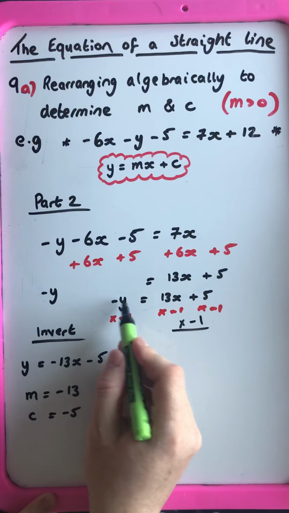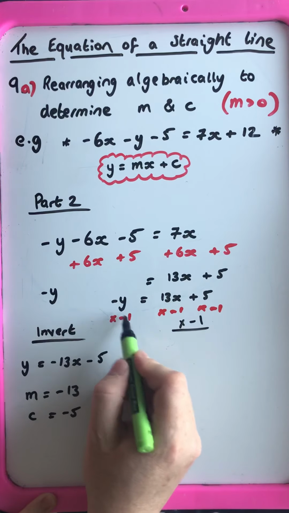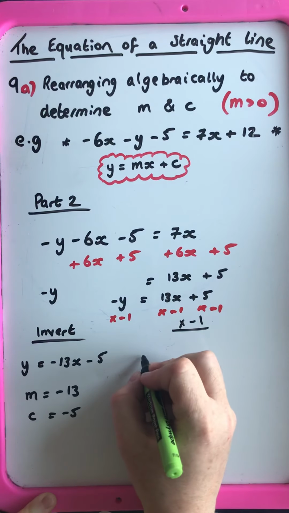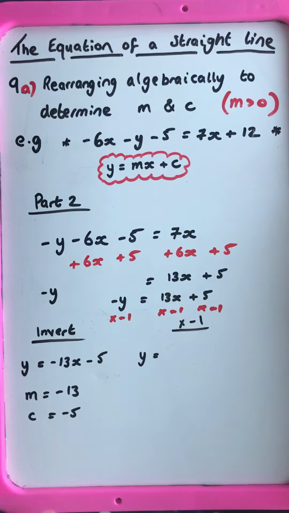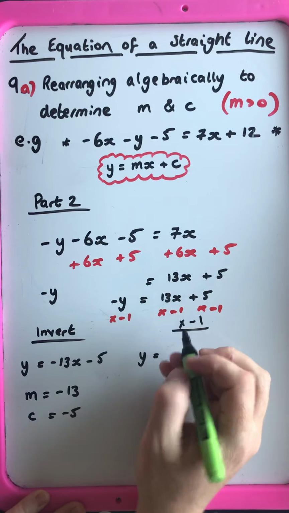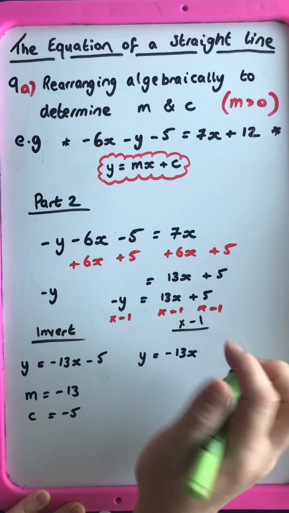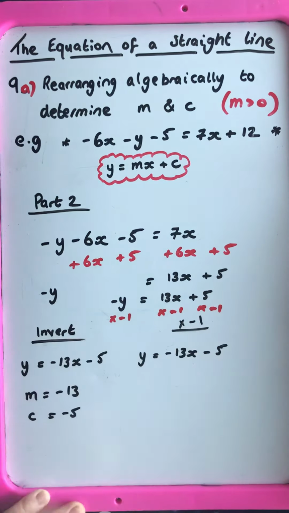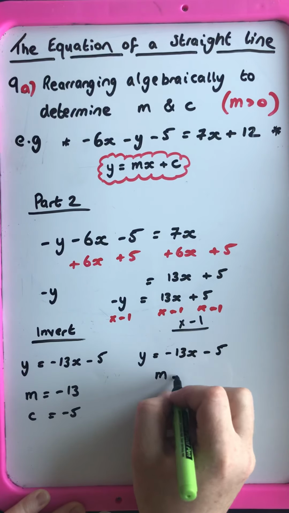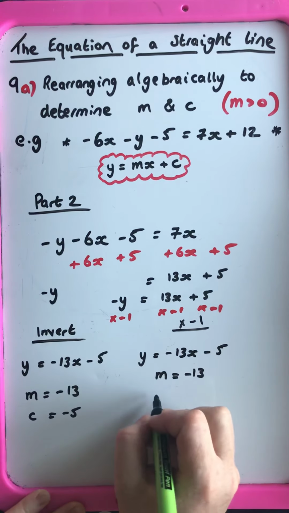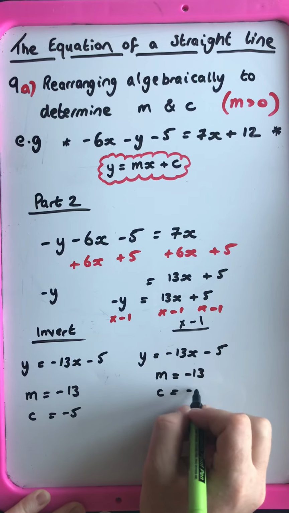And then 2 negatives here, the multiplying, in some cases that becomes positive. In this case it does. 13 times negative 1 is negative 13x. So x there. 5 multiplying negative 1. So you choose which way best suits your learning.